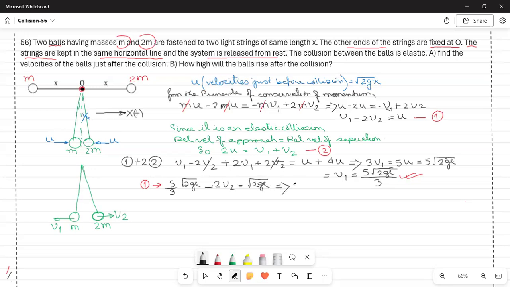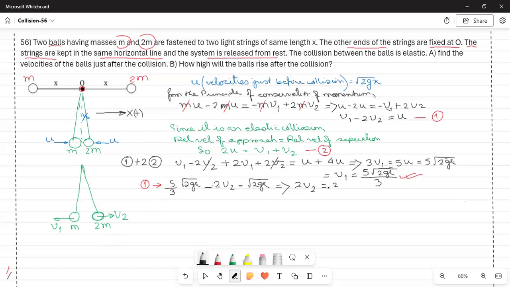From here we get 5 by 3 root 2GL minus only root 2GL. This is equal to 2 by 3 into root 2GL.